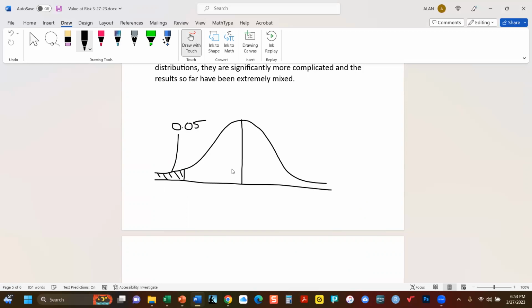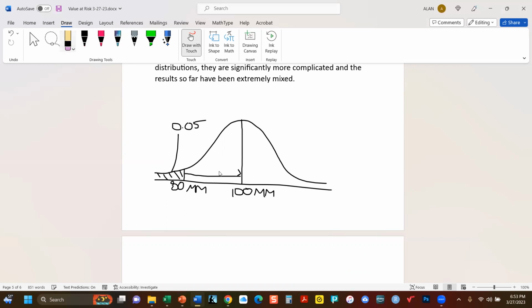So if the portfolio is currently worth $100 million, and 5% of the time that could dip below 80, that represents 80 and below is the left 5% tail of this distribution. So the value at risk is actually this distance right here.